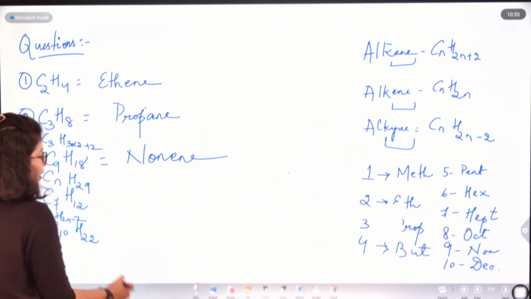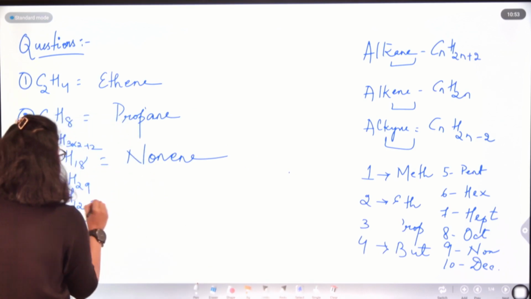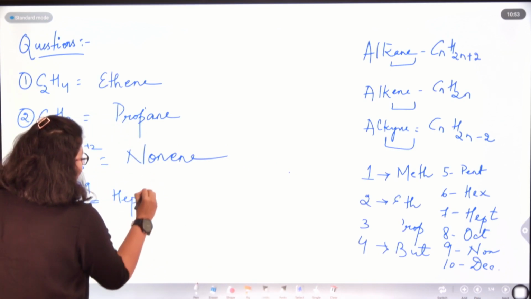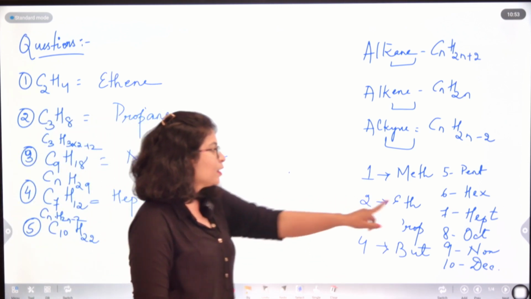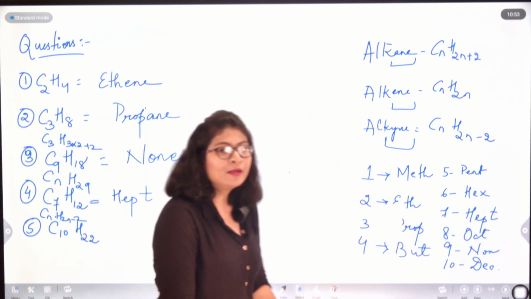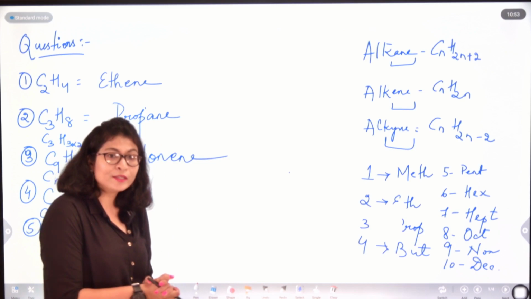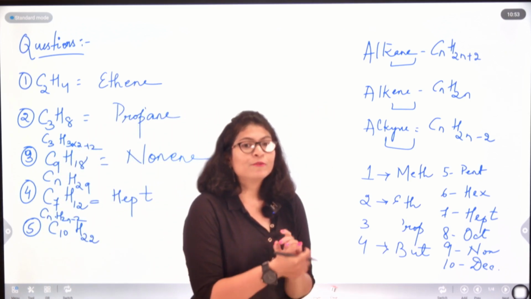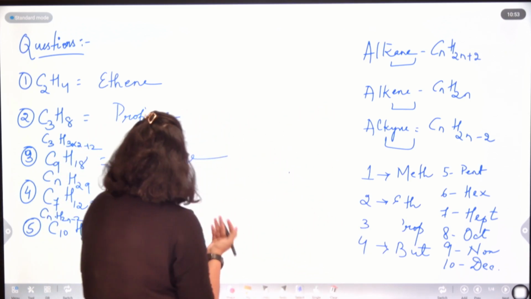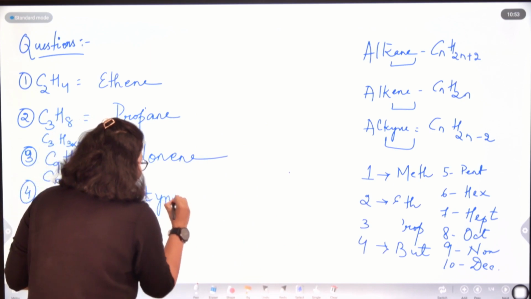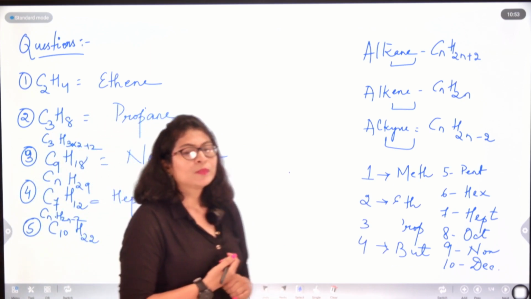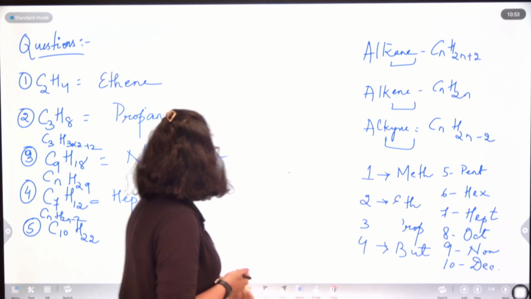For 7 carbon atoms, the word root was hept. And as it is falling under the category of alkynes, the suffix which follows is yne, heptyne. Okay.